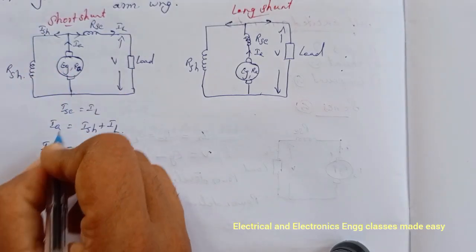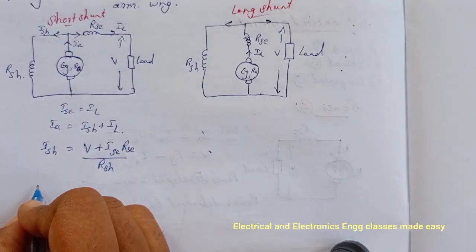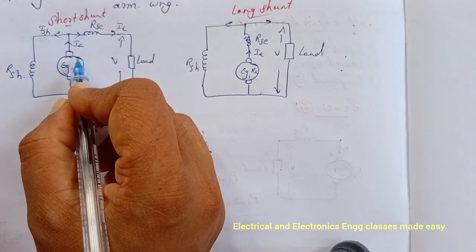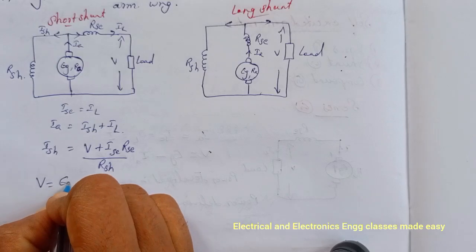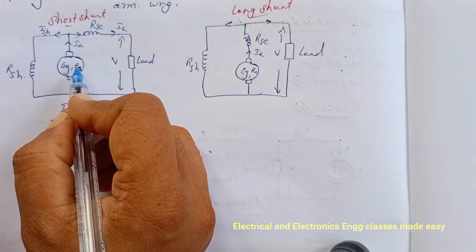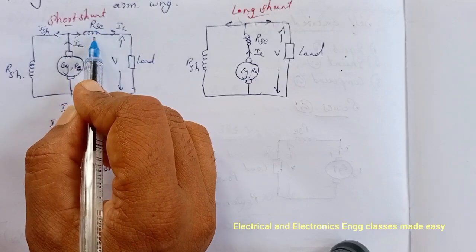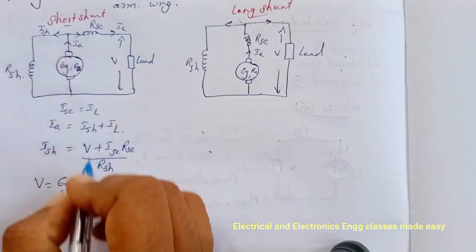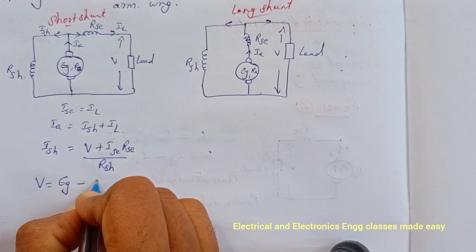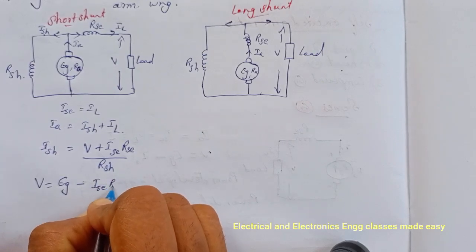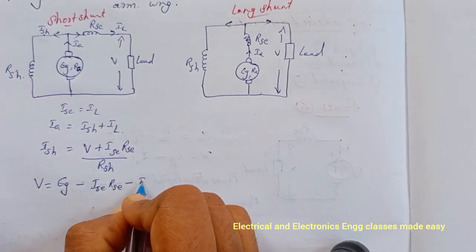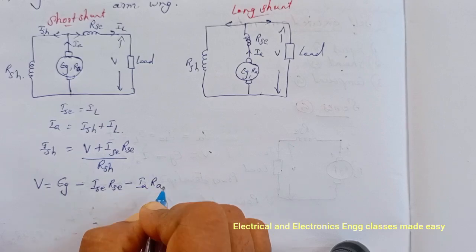Then the terminal voltage V is equal to EG minus the drop in the armature resistance plus the drop in the series field. So we can write ISC RSC minus IA RA.